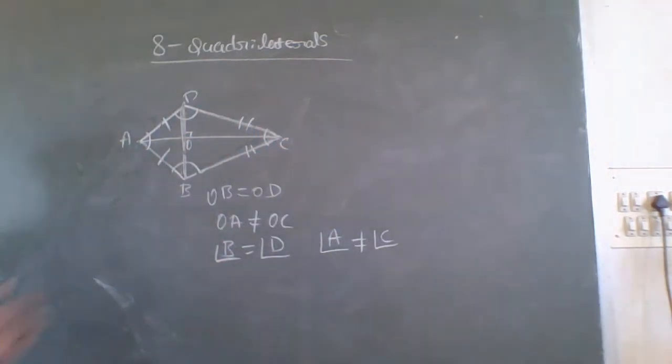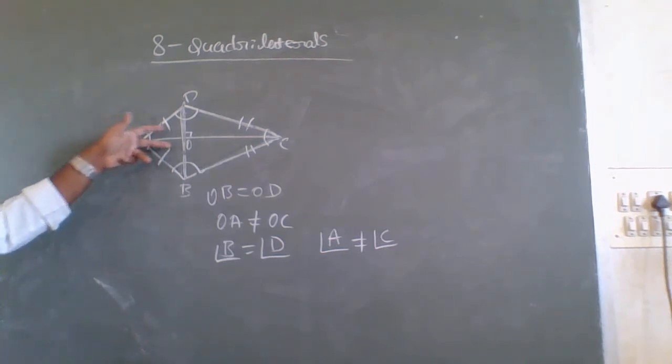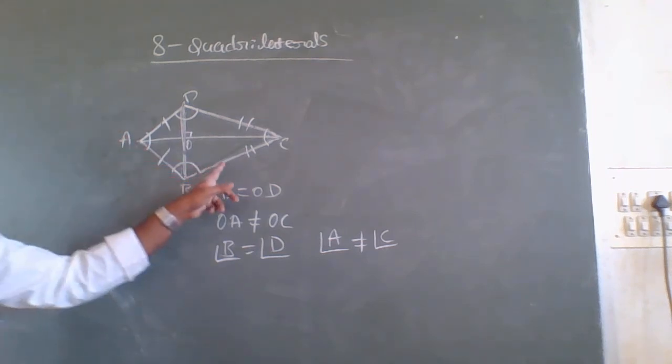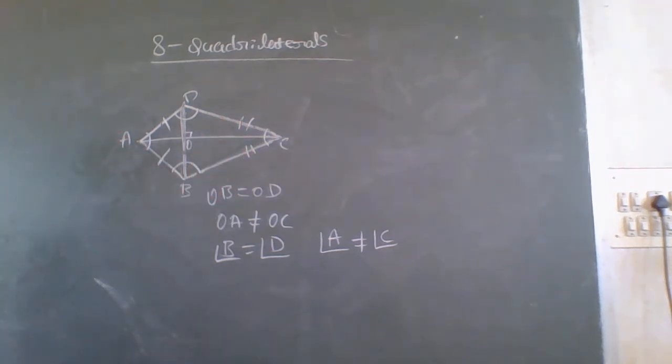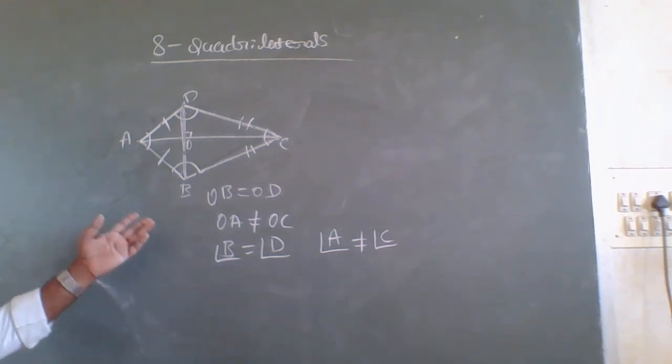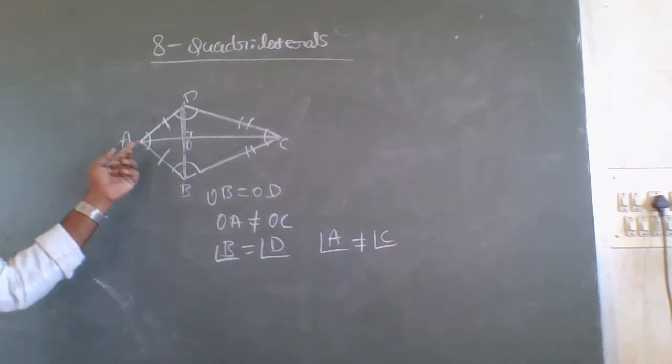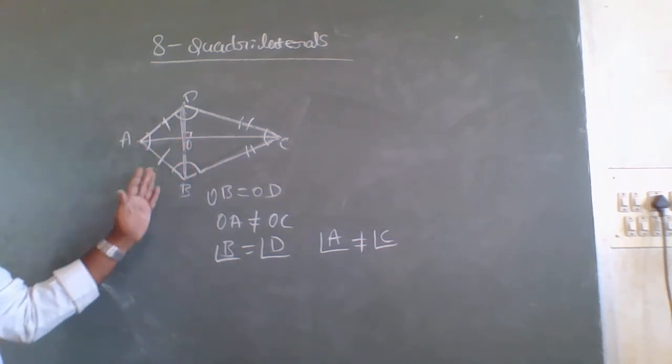So in a kite, there are two pairs of consecutive sides: AD and AB are equal, and CB and CD are equal. Two pairs of consecutive sides are equal. And another property of a kite is that only one diagonal can bisect the other diagonal.